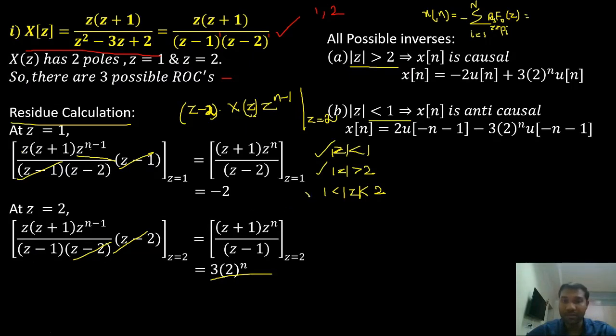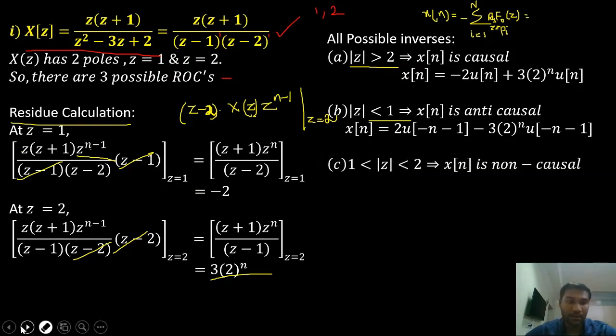Now if I consider the third ROC, that is in between the two poles, between 1 and 2, what will I get? I can assume my signal is non-causal. That means one part is causal and the other part is non-causal.